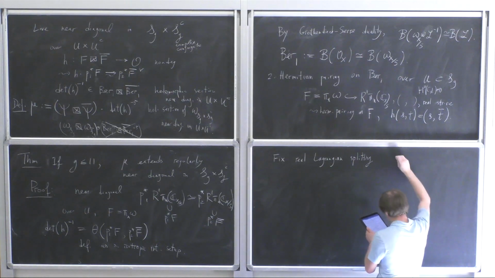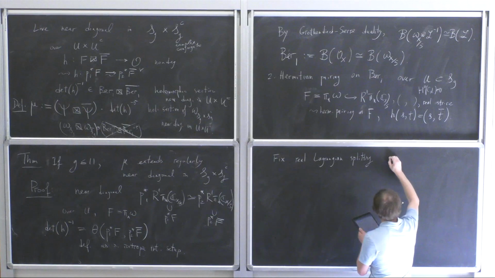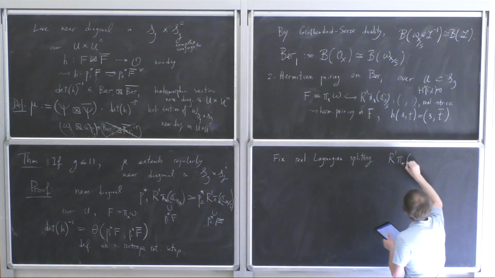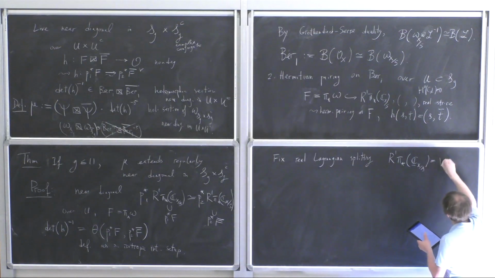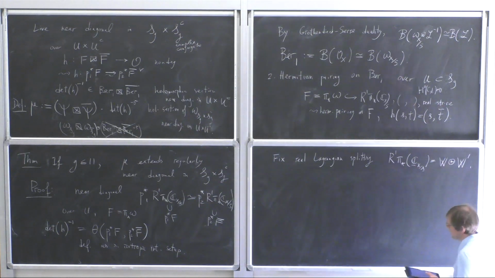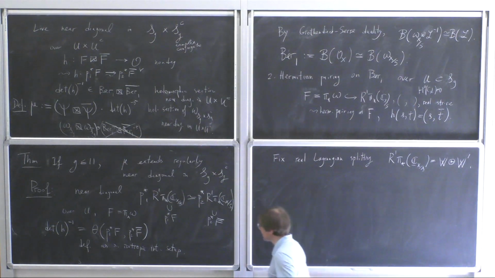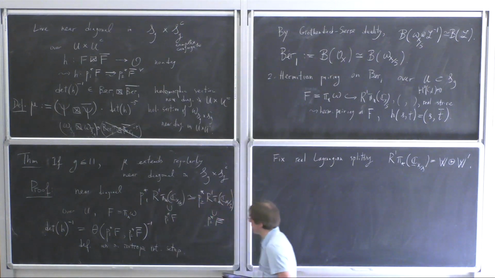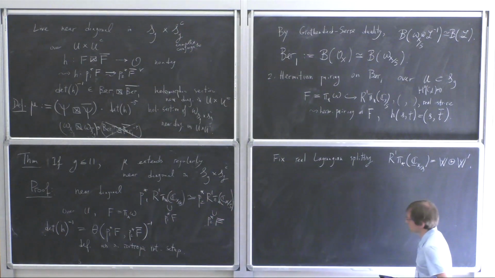Near this point in the diagonal, we can fix some Lagrangian splitting of R1 pi star C into, let's call it, W and W prime. And then, sorry, there is an inverse here. So then we actually know something.